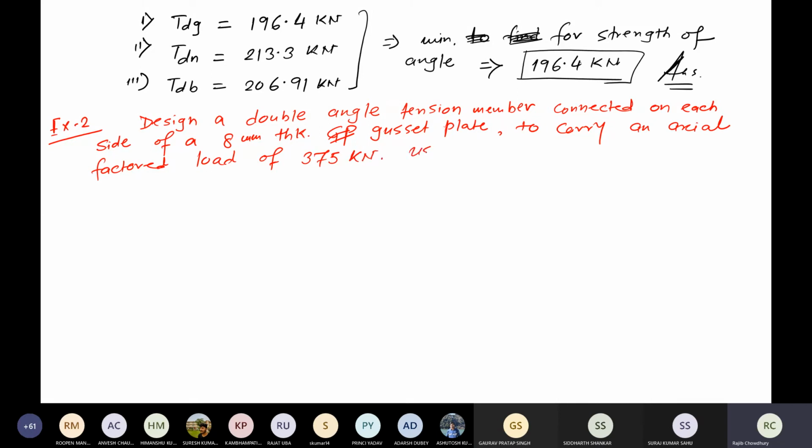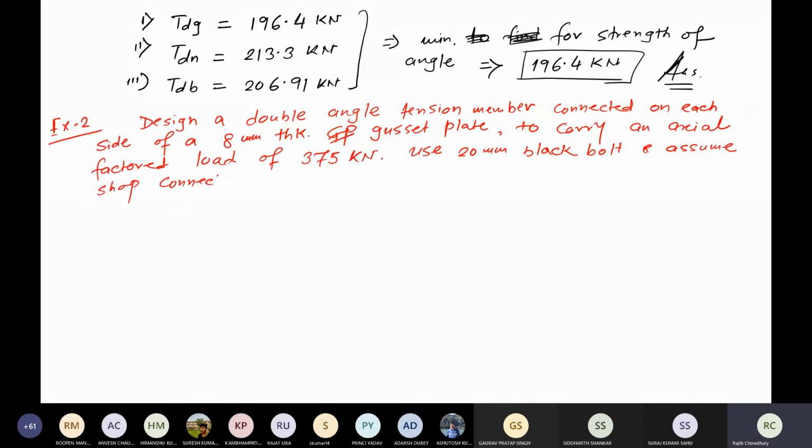You may use 20 mm black bolt. It is up to you, but I am providing this particular information to you. Black bolt, and assume SOP connection.